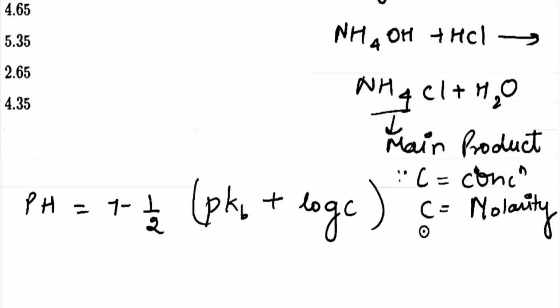As it was given that C is equal to 0.02 M, we can say C is equal to 2 into 10 raised to the power minus 2 M.